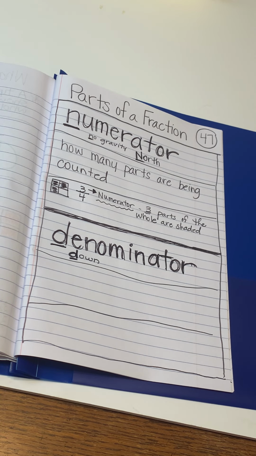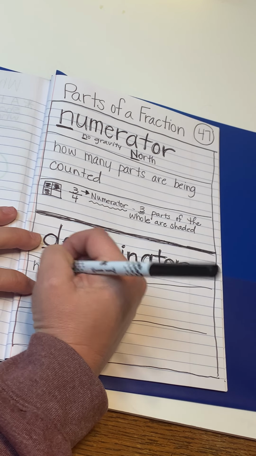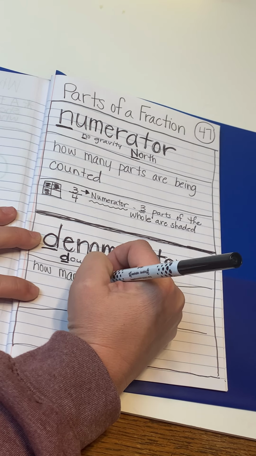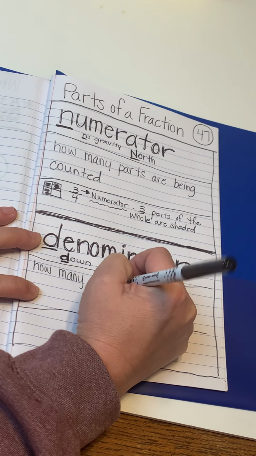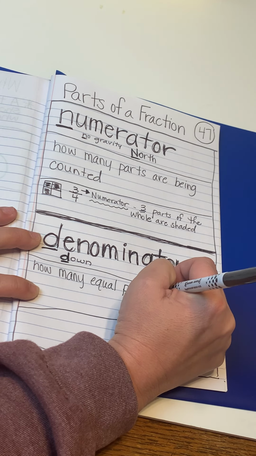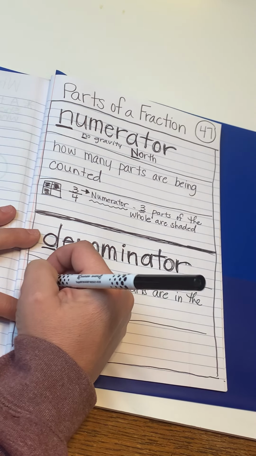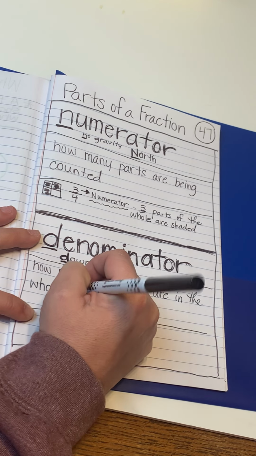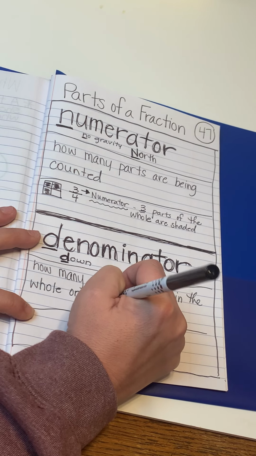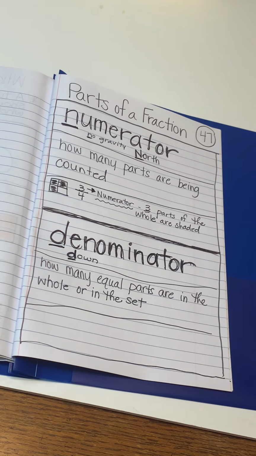Right, sort of the definition of a denominator is how many equal parts are in the whole or in the set or group.